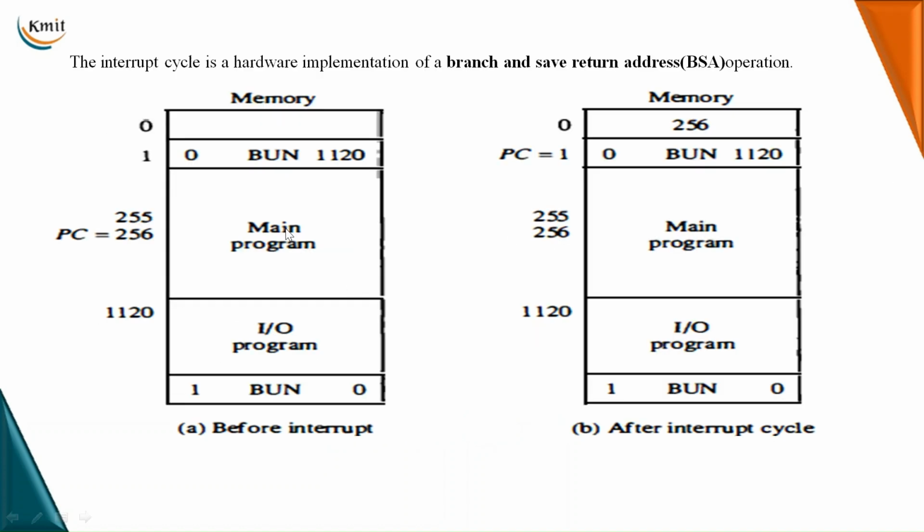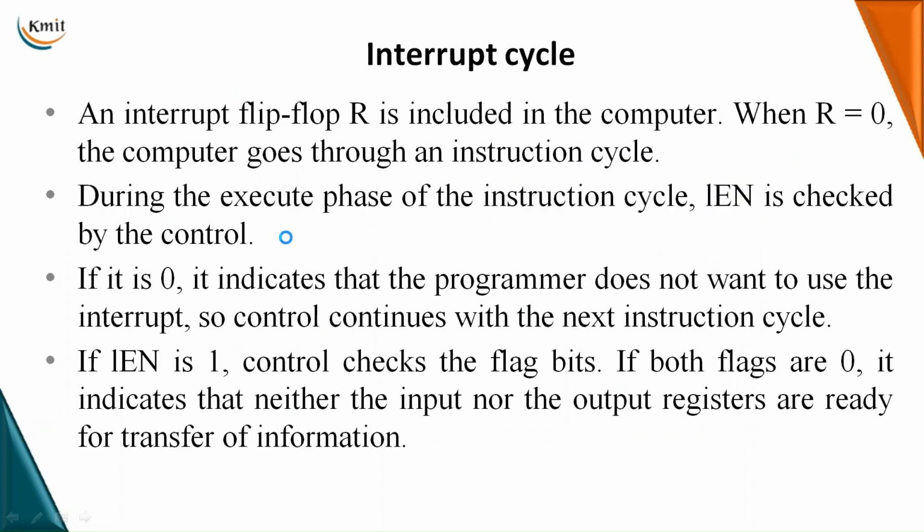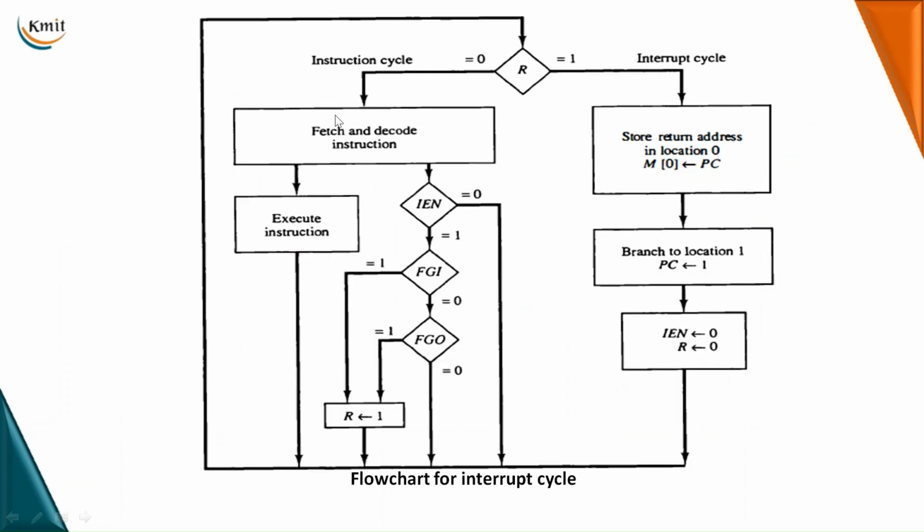Because at T0, T1 and T2, if you see the flow chart, the fetch and decode of instructions takes place. As we have already seen, we fetch the instruction at clock cycle T0, decode the instruction and fetch the source operands at T1 and T2.